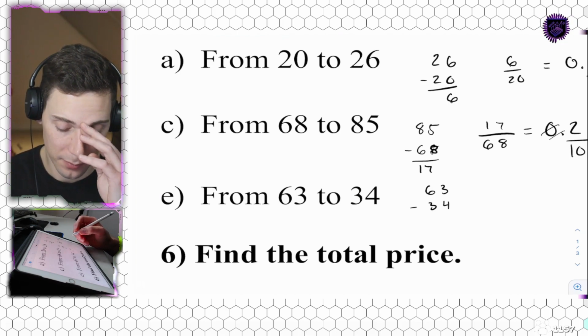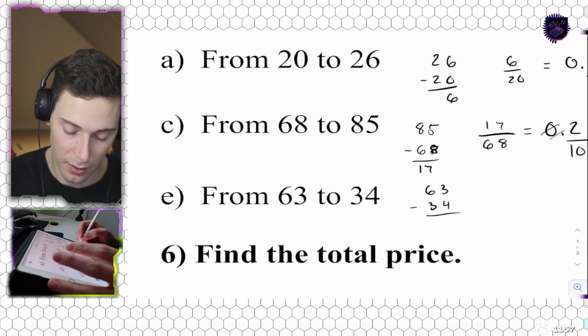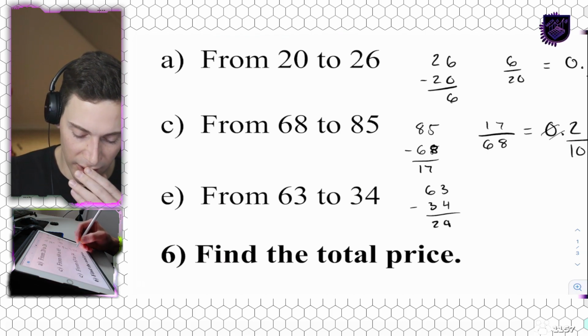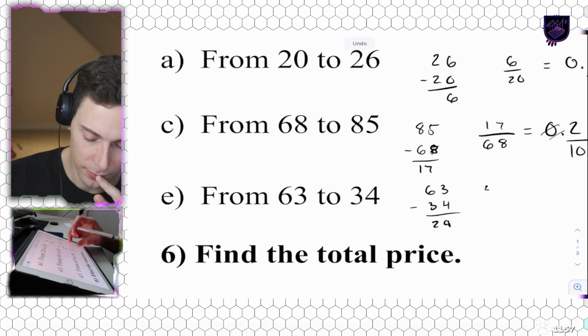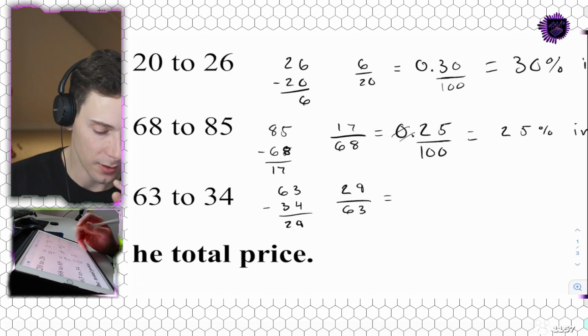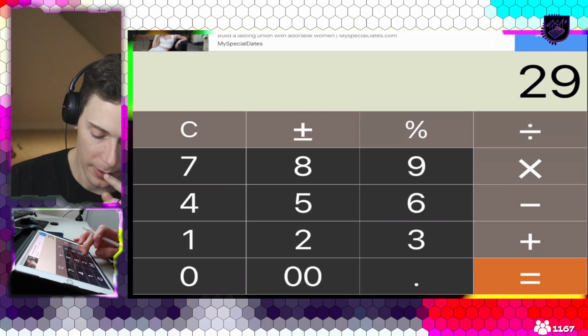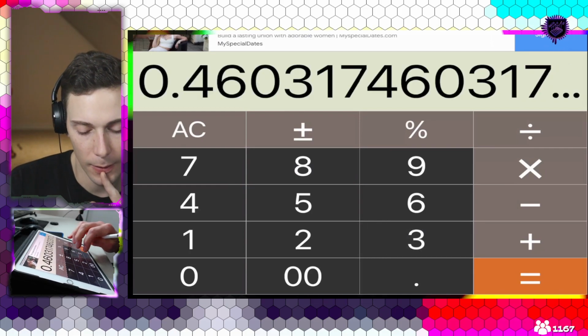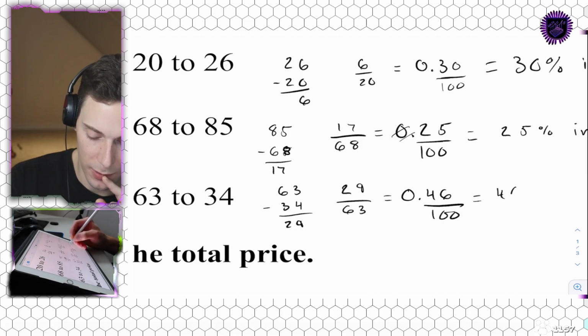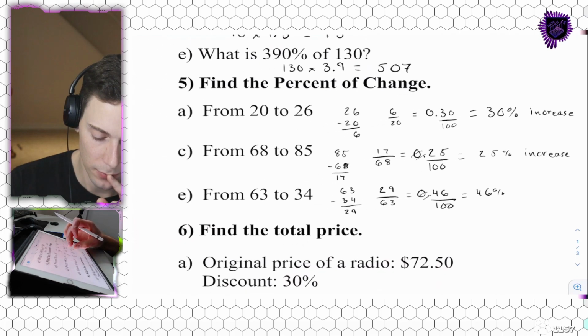So it's a difference of 29. 29 over 63 is equal to 29 divided by 63, which equals 0.46. 46 over 100 is the same as 46%. Get rid of our 0 and our 1.